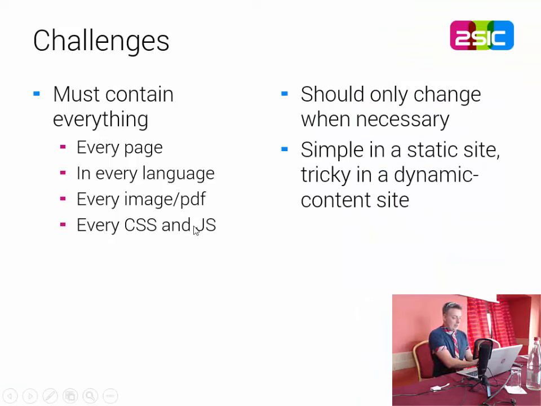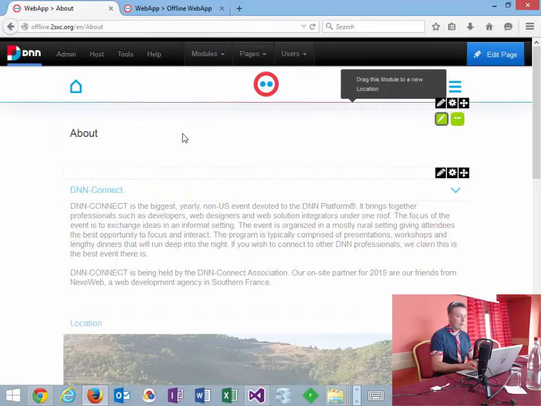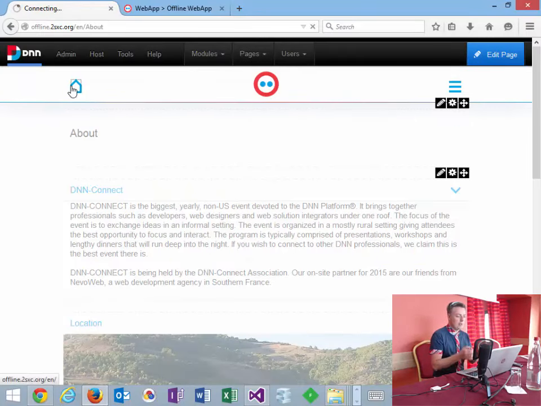And here's one important thing. It should only change whenever something really changes, because the browser will always try to first ask the system, what's the last date you have for the cache manifest file? So if, let's say, the content editor were on this home page and he would say, okay, I'm going to start changing this, then you don't want the devices to continually refresh, loading everything.